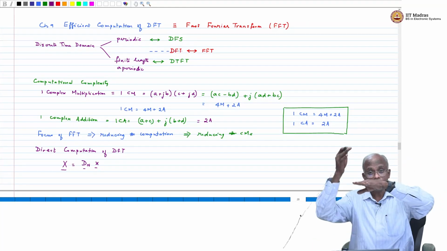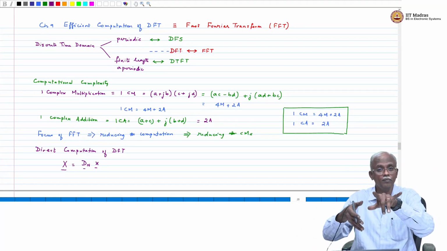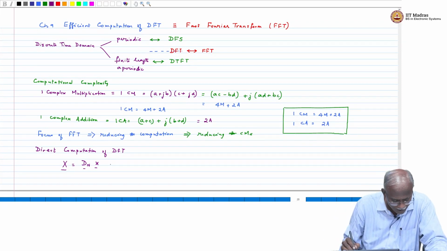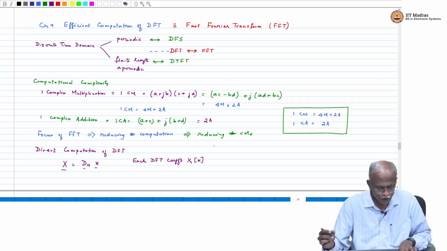Row times column. How many elements in the row? N. How many elements in the column? N. So basically, each DFT coefficient X of k will require what sort of computation?